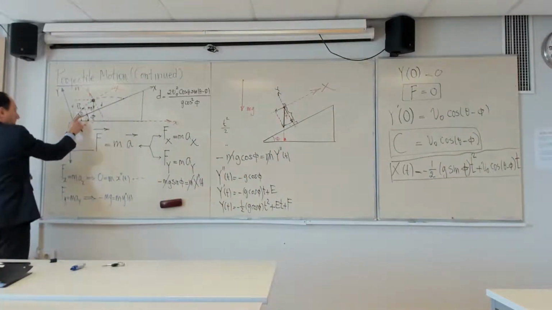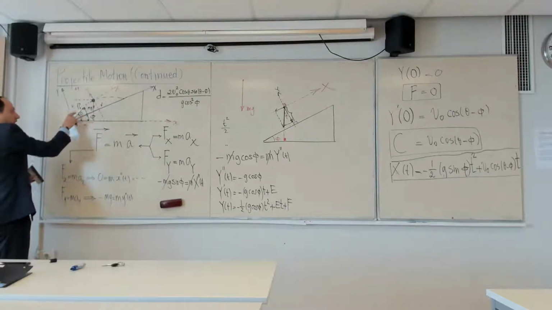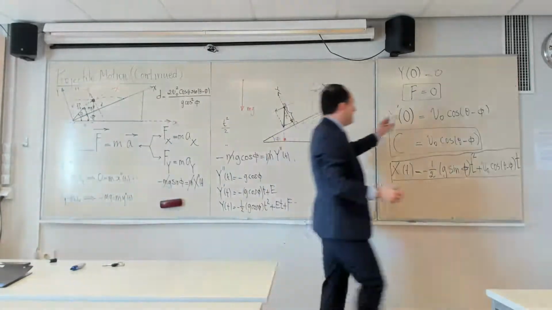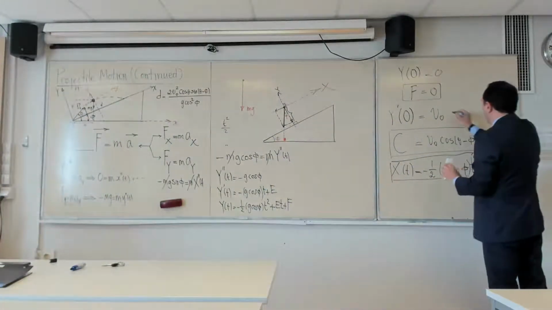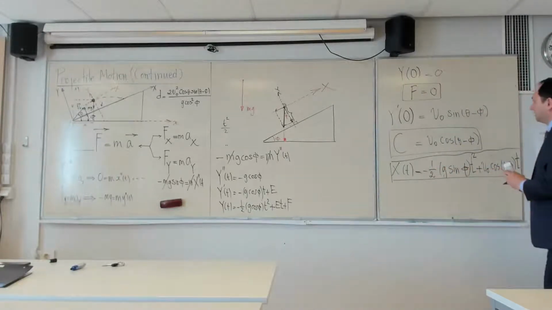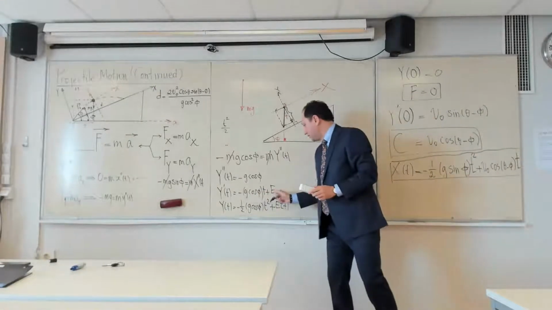V naught times sine of theta minus phi. Yes. So we are interested in this vector. This vector is the hypotenuse, the length of the hypotenuse multiplied by the sine of this angle, which is theta minus phi. So this means that y prime at 0 is v naught sine of theta minus phi. Yes? But what is y prime of 0? If I go to y prime and I put 0, I get e.